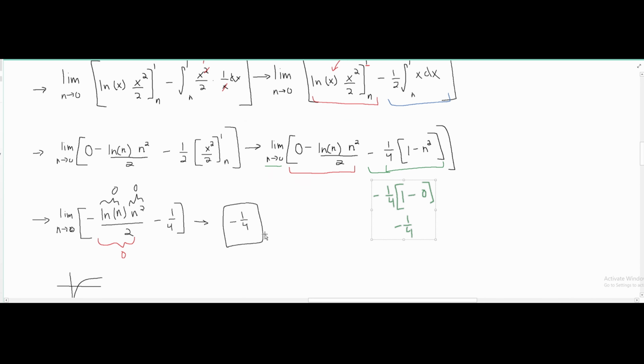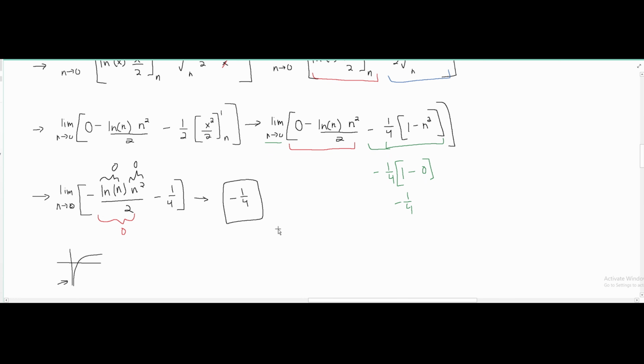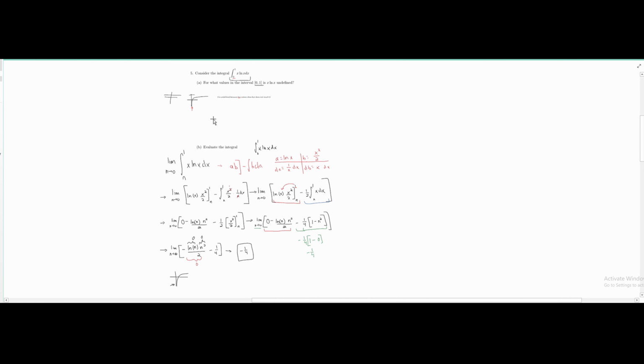After we get negative 1/4 here, we say that our n is approaching 0, and we can see that this is approximately, basically, 0. We can assume that it's 0, and so all we're left with is a negative 1/4. That means our answer is negative 1 over 4. And that is all the work required to consider this integral, see which part of it is undefined, and then evaluate it.